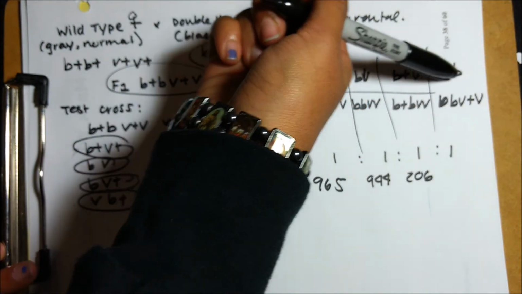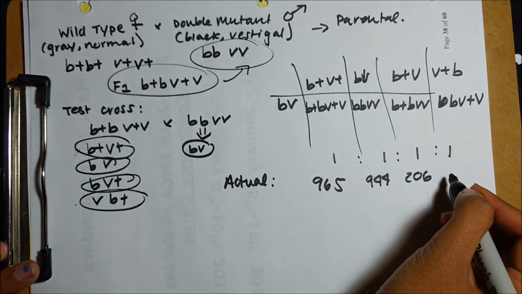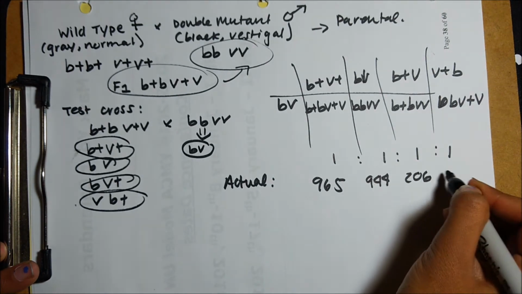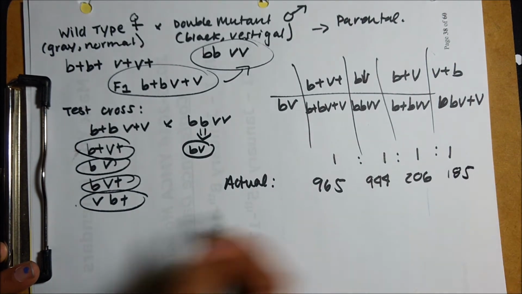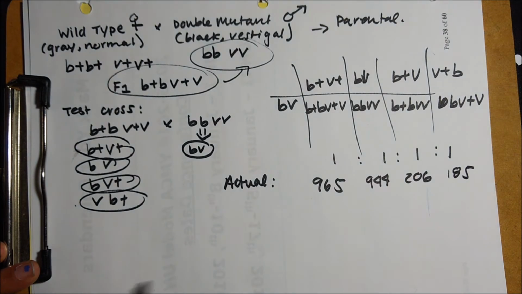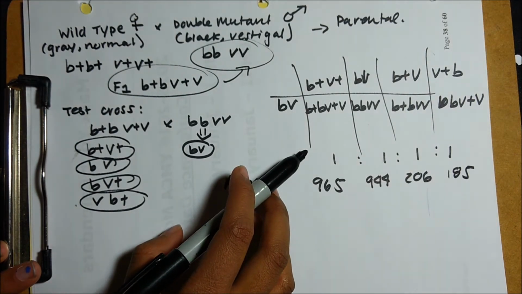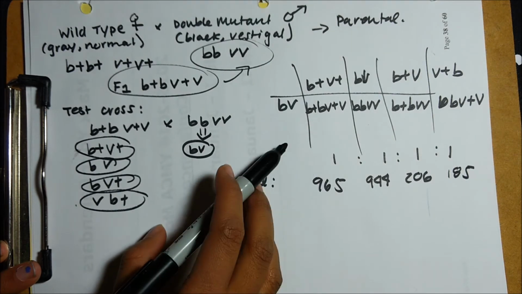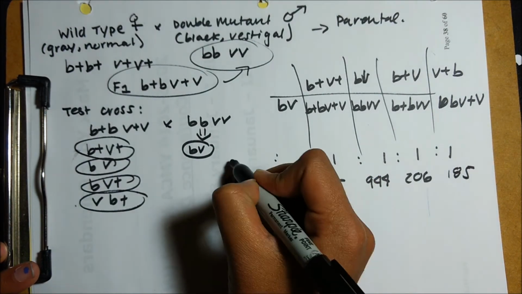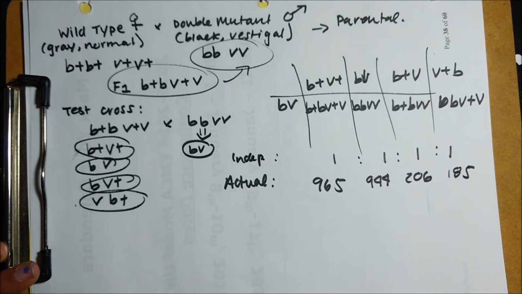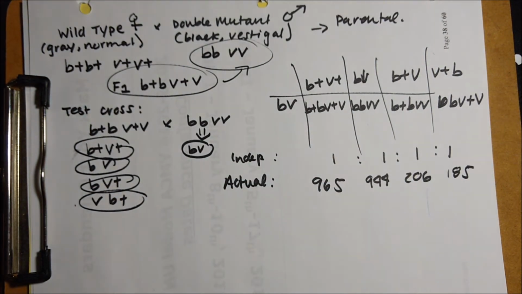And the normal but black had 185. Now, this ratio doesn't follow 1 to 1 to 1 to 1. So it did not follow independent assortment, which, according to Mendelian genetics, it should have followed.